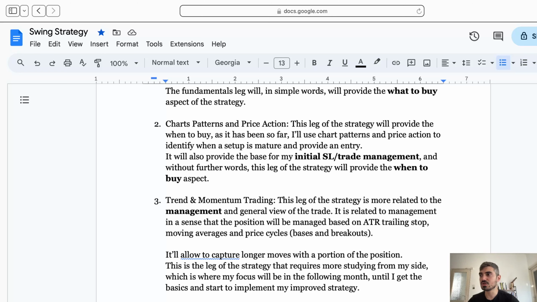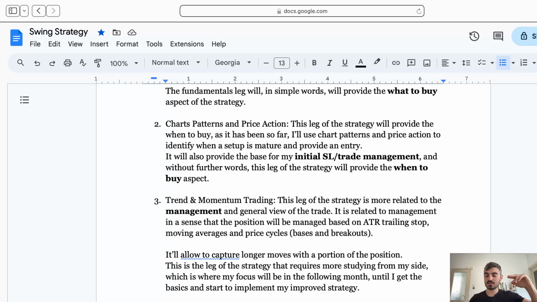And by that I mean the general view of the trade is the idea that I have the possibility to run with the trade for a very long time, say several months or even a year, with a portion of my position. So it would be entering at the first base, running the first move, realizing some profits, and leaving some to let the price run.